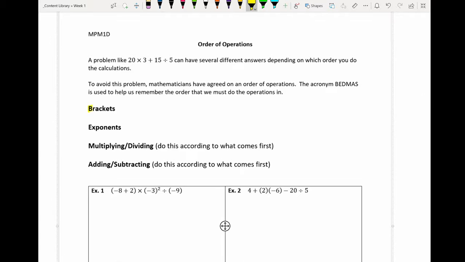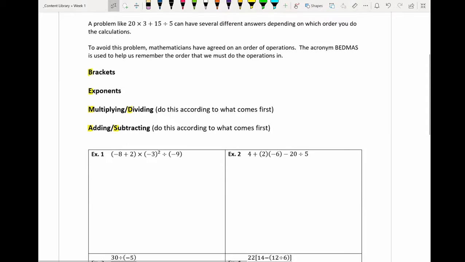First brackets, then exponents, then multiplication or dividing, whichever one comes first. So if multiplication comes first, we do that. If dividing comes first, we do that. And then lastly, we have addition or subtraction, again whichever one comes first.